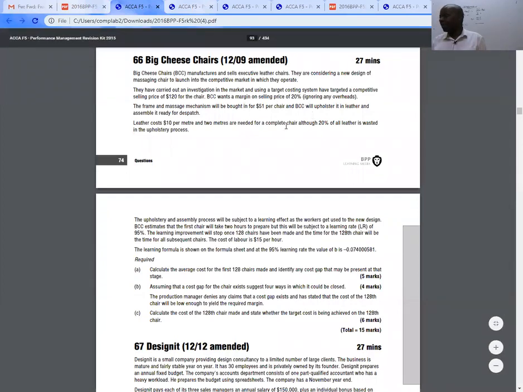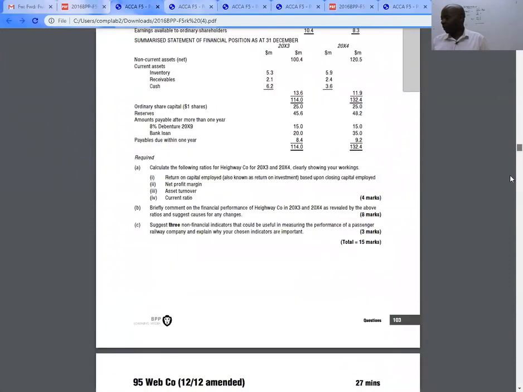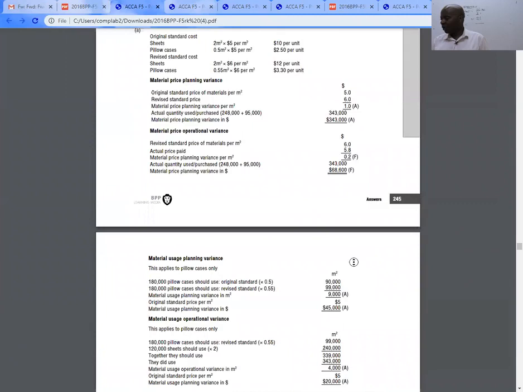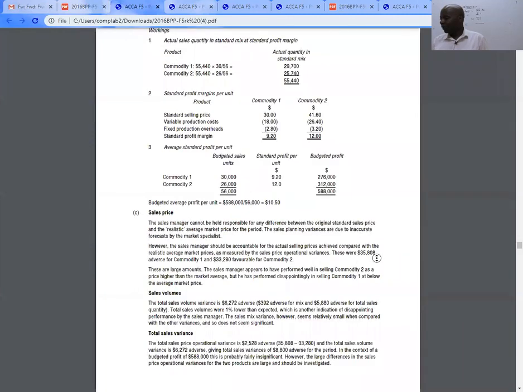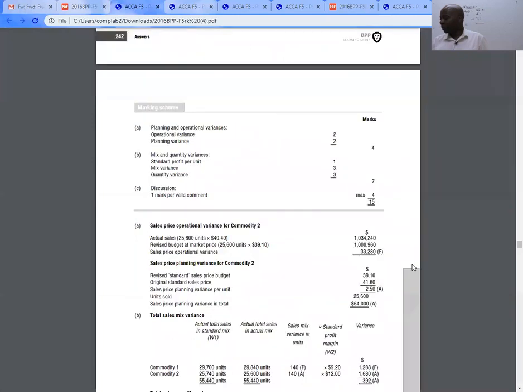And ladies and gentlemen, this book is so great. We have answers being given down here. What you need to do is to scroll in your computer. You go to question number 66. You scroll, scroll, scroll.